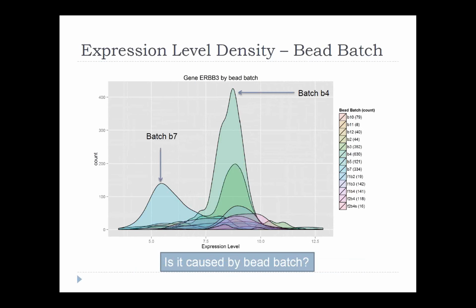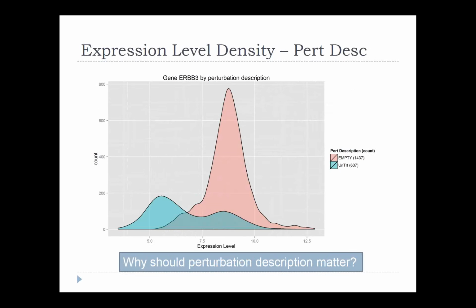But it looks like the bead batch and this other label, untreated versus empty, seem to be correlated, is it not? Yeah, it is, and I'm not sure what is driving it, whether it's bead batch. All the untreated happen to be bead batch 7. So where are these coming from? Is that from the overexpression or knockdown or something, like Mario said?